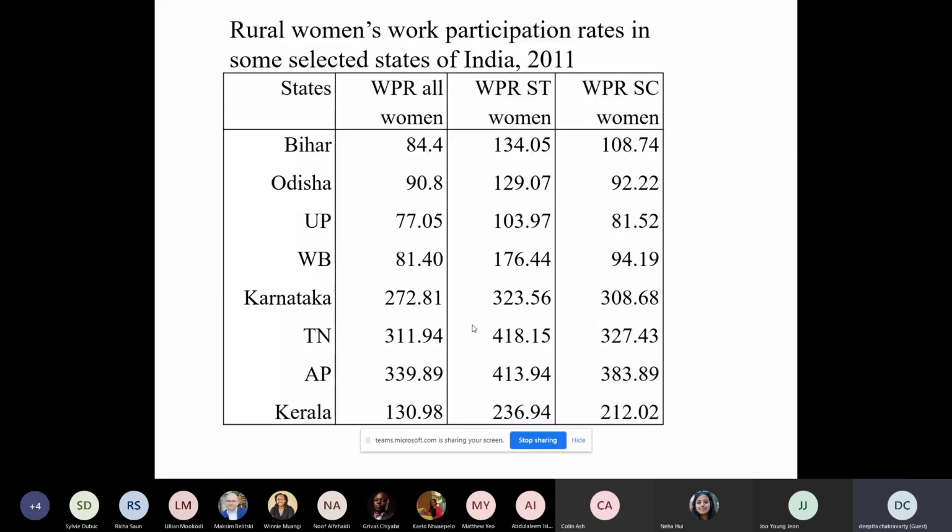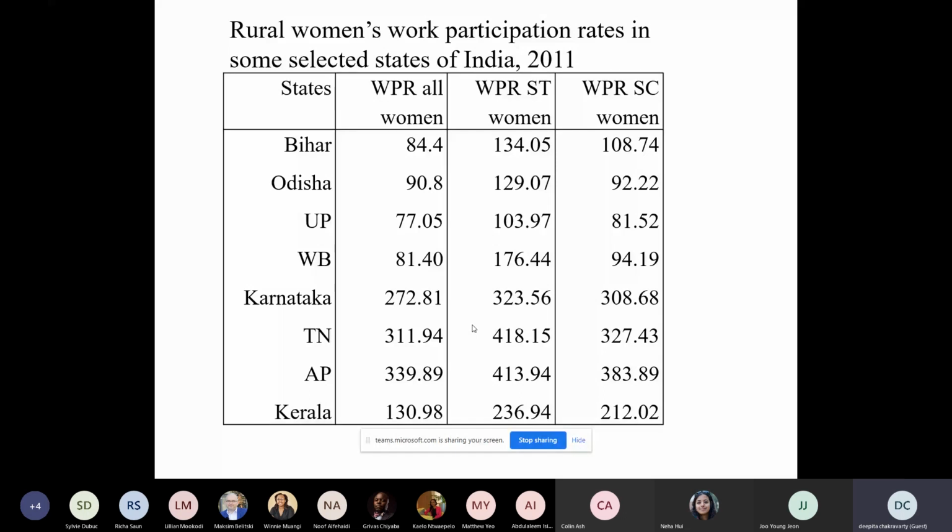While Orissa has all similarities with other Eastern Indian states, simply because the percentage of tribal population is very high in Orissa, and because the work participation rates of tribal people in general in South Asia, and in particular in India, are much higher compared to the rest of the population, we can easily say that Odisha's work participation rate has been dragged up as a result of this.